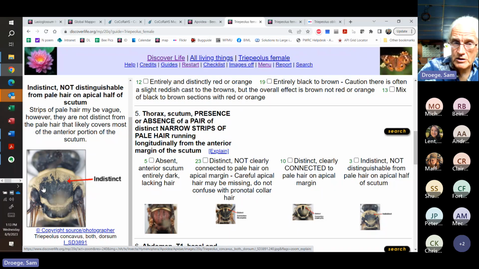a Savastra specialist. Most Triepeolus are Melissodes specialists. So Savastra, as Don, who I'm not sure is on the line here, recently told us, according to a revision, or at least molecular investigation, is now, I believe, considered to be part of, well, I shouldn't say, is it part of Melissodes or another genus?